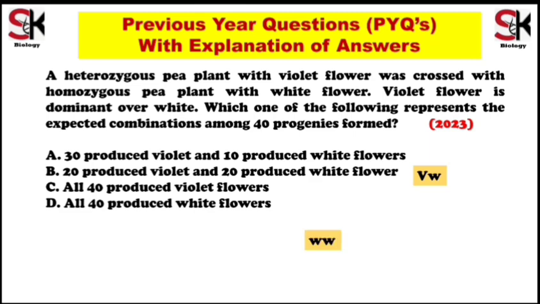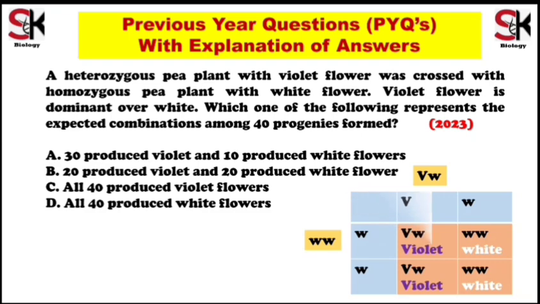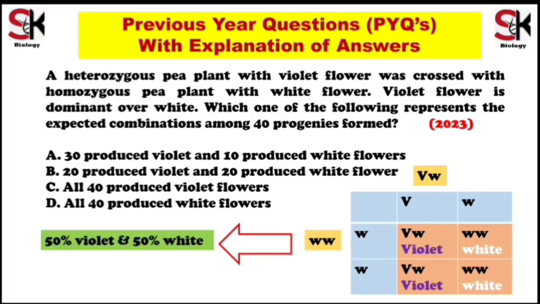So progeny observed with Punnett square, we can see that half violet and half white flowers can be possible in F1 progeny. So 50% violet and 50% white. Total progenies are 40. So the correct option is 20 produced violet and 20 produced white flower.